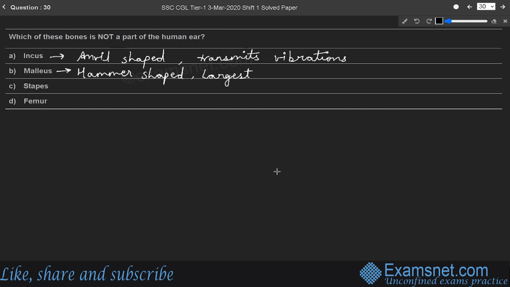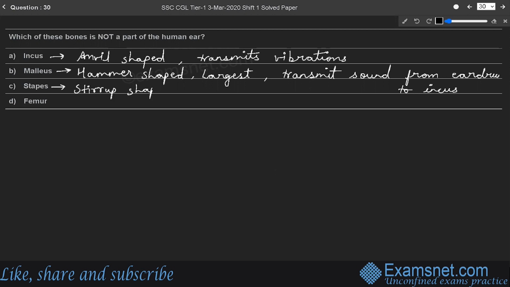It is also attached to the inner surface of the eardrum and it transmits sound from eardrum to incus. Third option is stapes. Stapes is stirrup shaped.